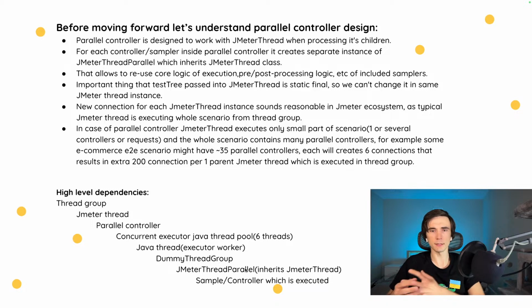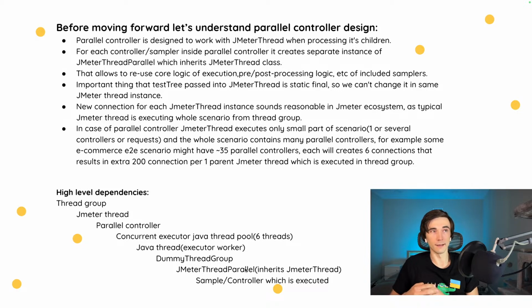And it actually sounds reasonable in the JMeter ecosystem, because when a new JMeter user or thread is created, it needs to have a new connection. And when it ends execution of the scenario, it closes the connection, right? So that sounds pretty reasonable, but it is not what we need for the parallel controller.